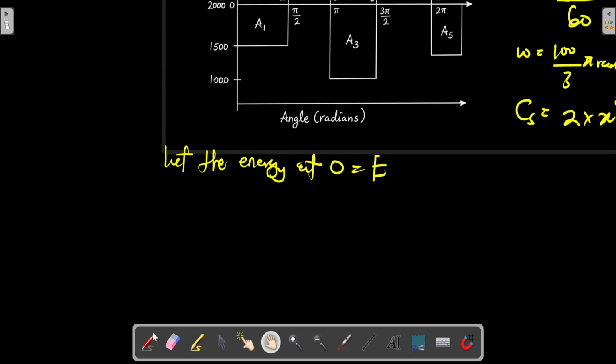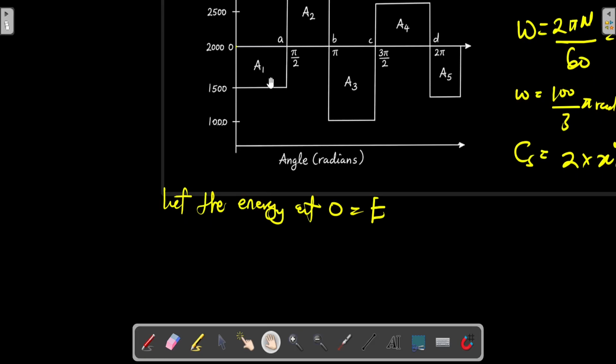Now, if the energy at O is E, what will be the energy at A? So the energy at A will be E minus the energy here. And this particular energy fluctuation is a negative energy fluctuation, right? Why are we saying this?